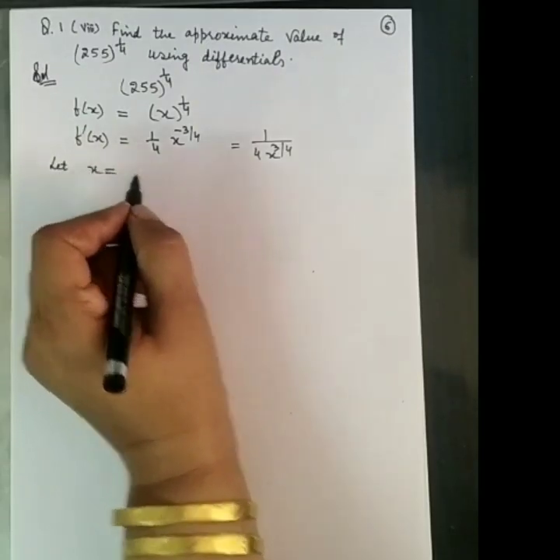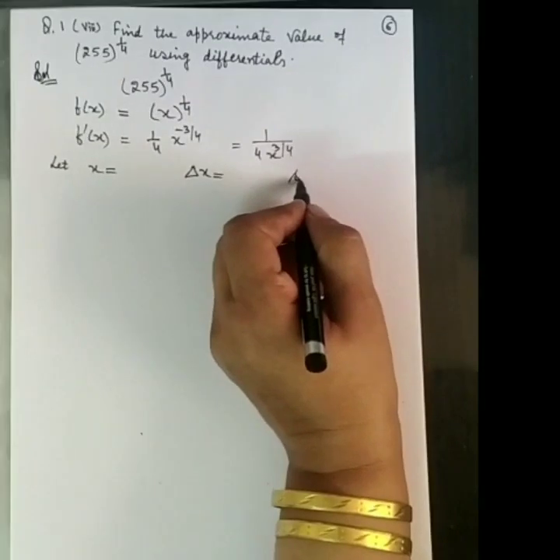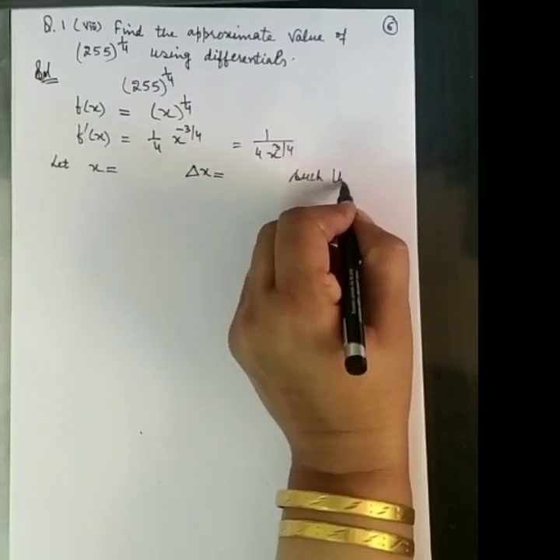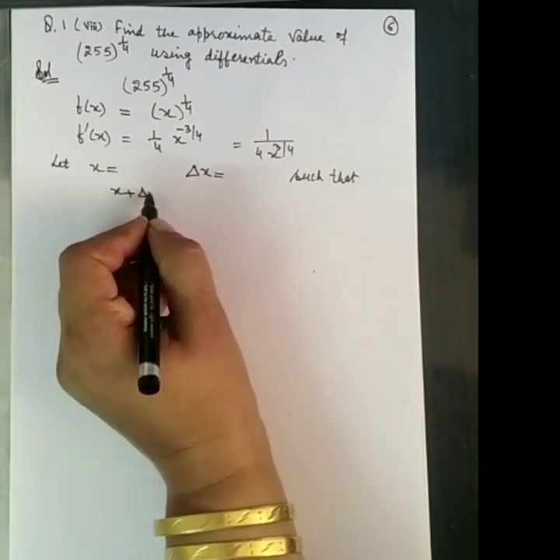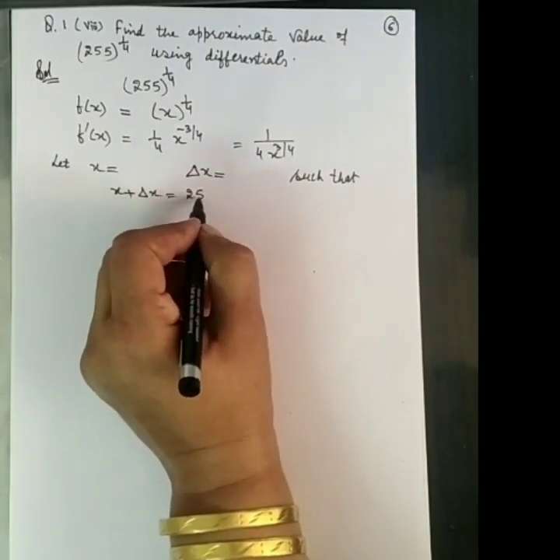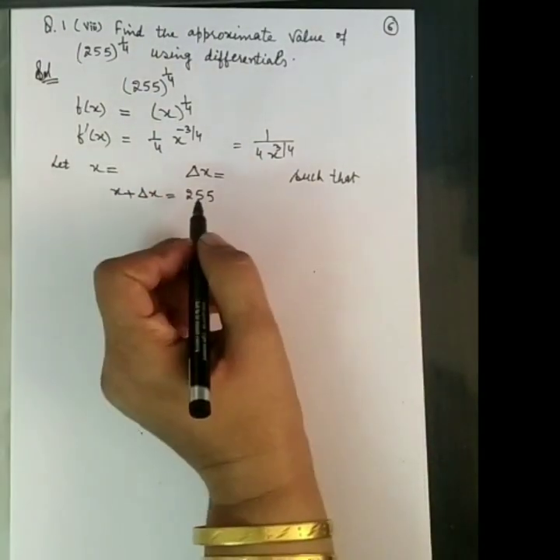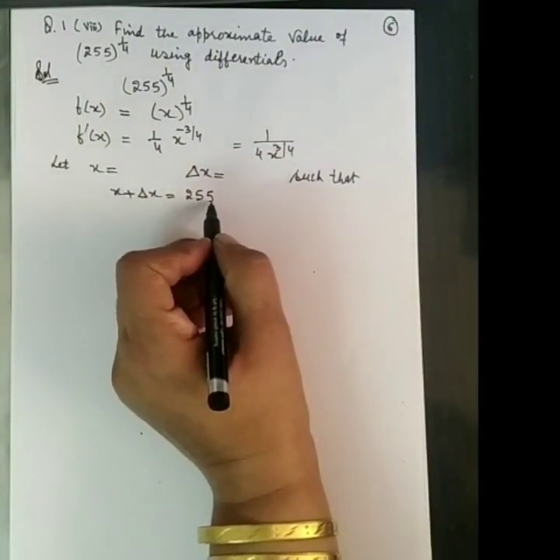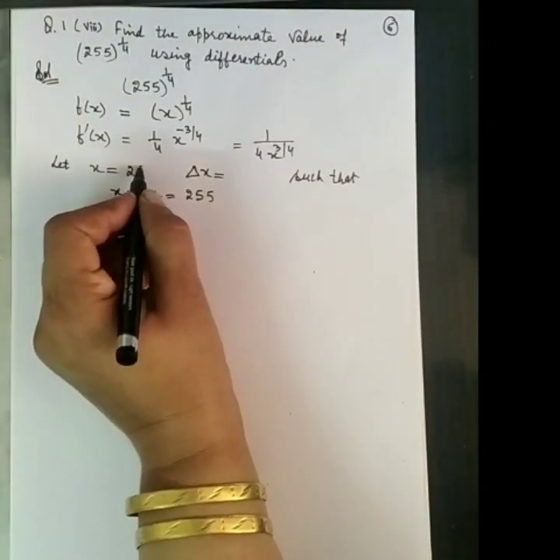Let x and delta x be such that x plus delta x will be 255. Now 255 is nearly which number whose fourth root can be calculated orally? It will be 256.